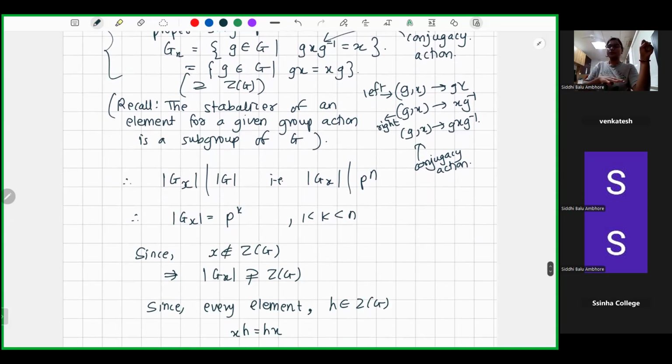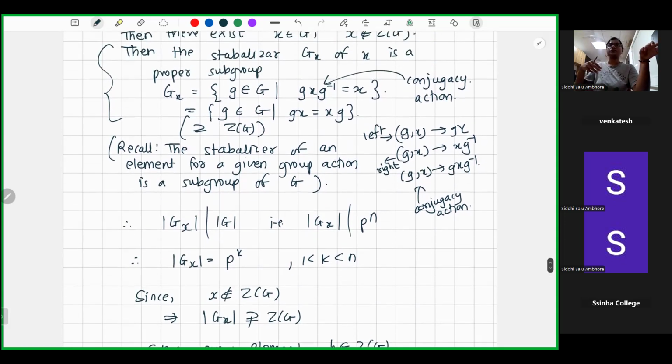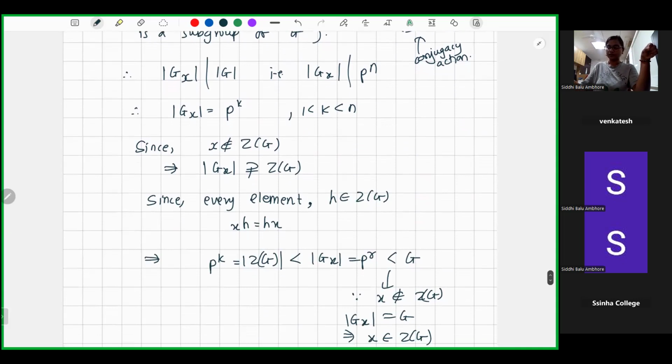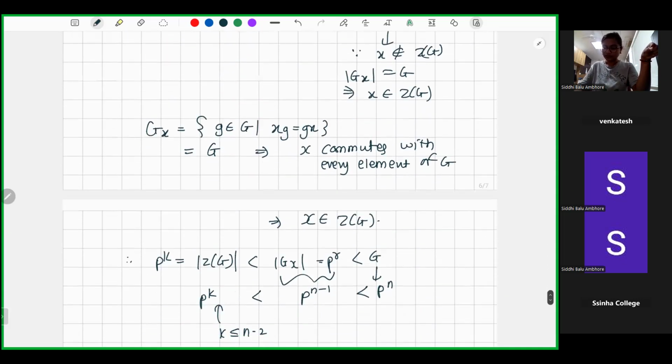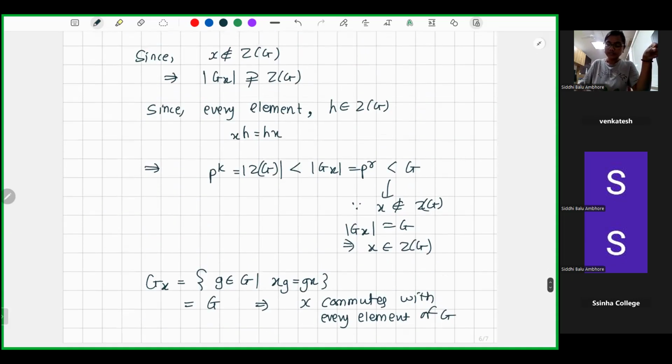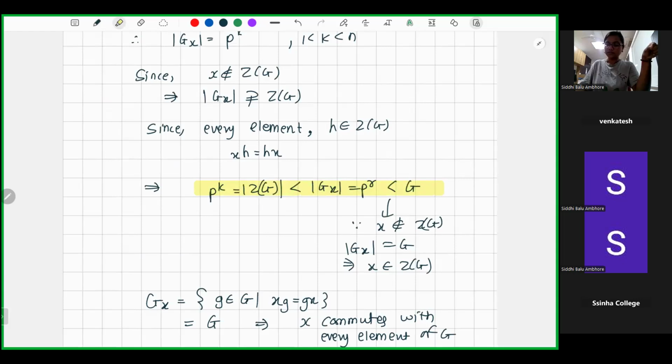So it is now a subgroup of group G, and it is also something which properly contains ZG. So we get this relation here.